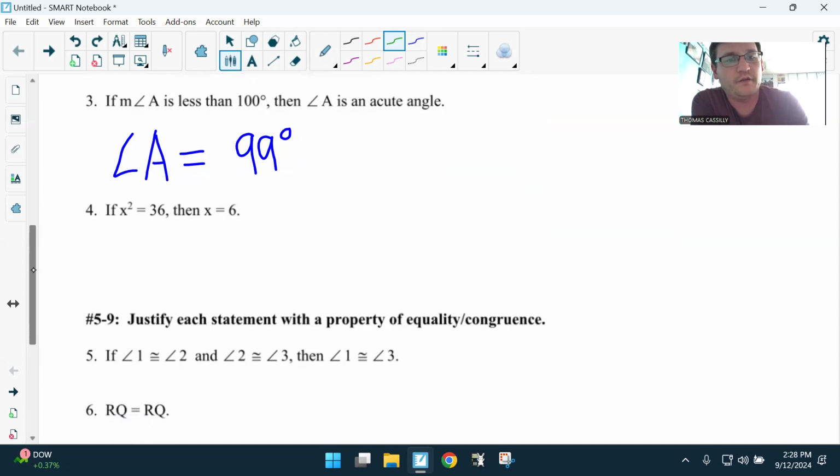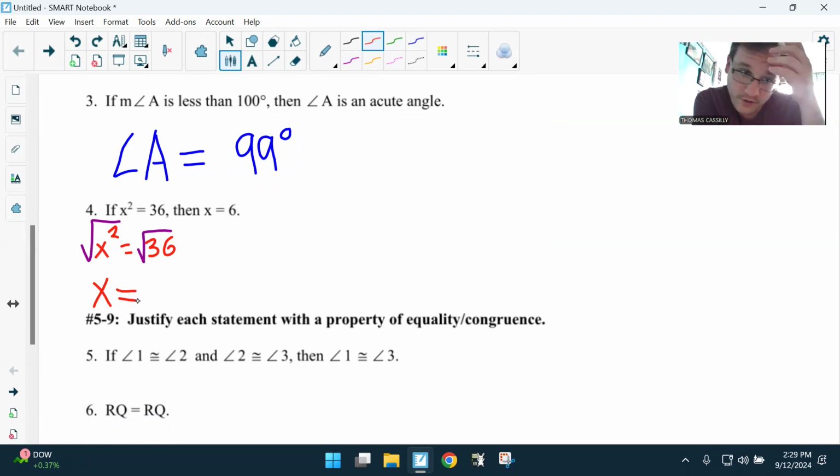All right. On the next one, if x squared equals 36, then x equals 6. I disagree with that one. So x squared equals 36. There's a couple ways we can solve this, but the easiest way I see is to cancel out the square. A square root will kill a square. So we're going to say x equals, and this is the part that we have to be careful of.